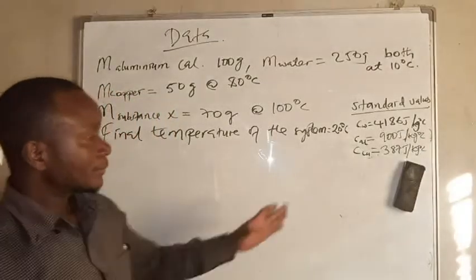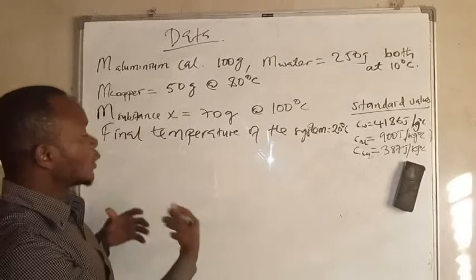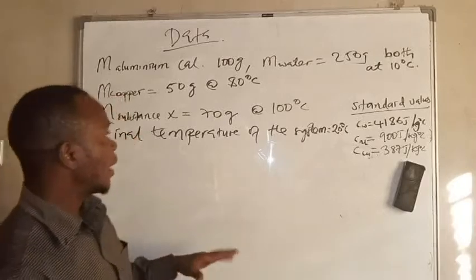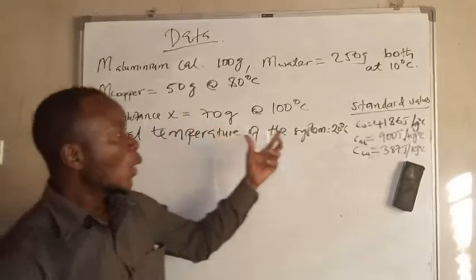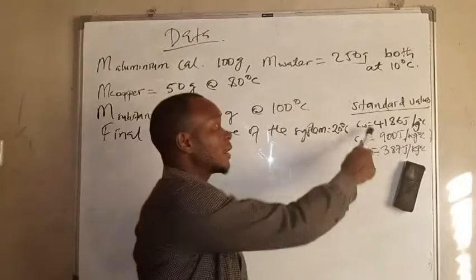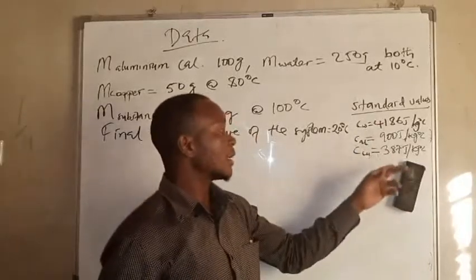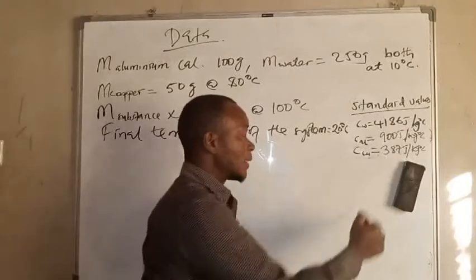But before we come to the expressions that are going to lead us to the specific heat capacity of substance X, we need to consider some standard values of the specific heat capacity of water, aluminum, and copper.